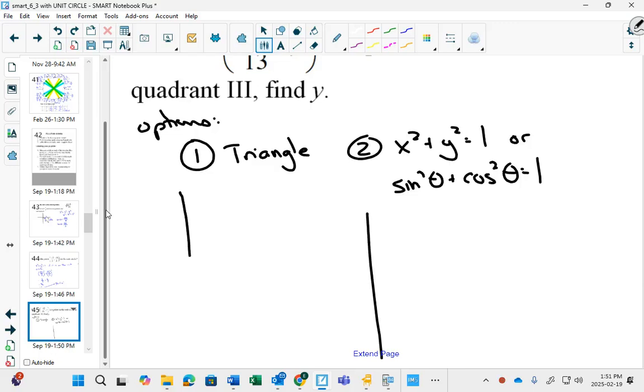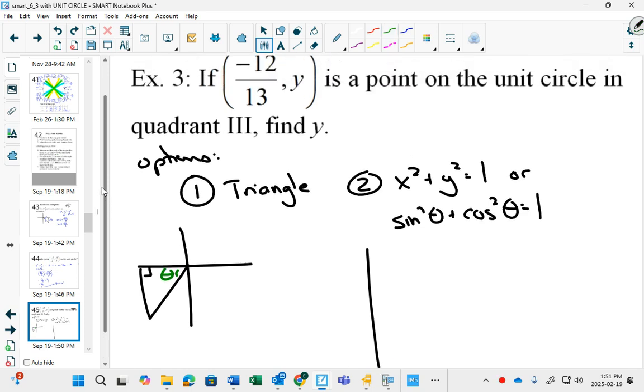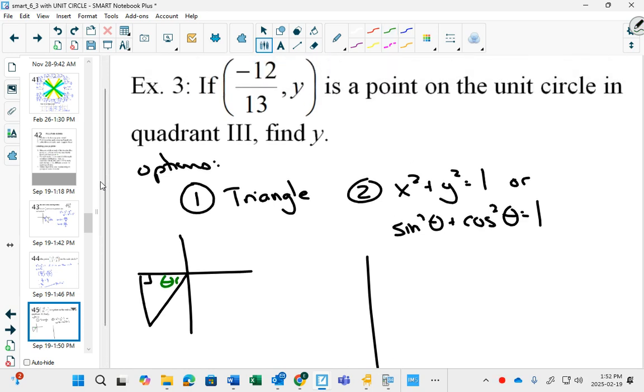I know it's in quadrant 3, so I would draw in quadrant 3, go back to my nearest x-axis, and label my reference x. Because they told me the x-coordinate, from our big idea we would know that cos of theta is negative 12 over 13. And so cos is your adjacent over hypotenuse.